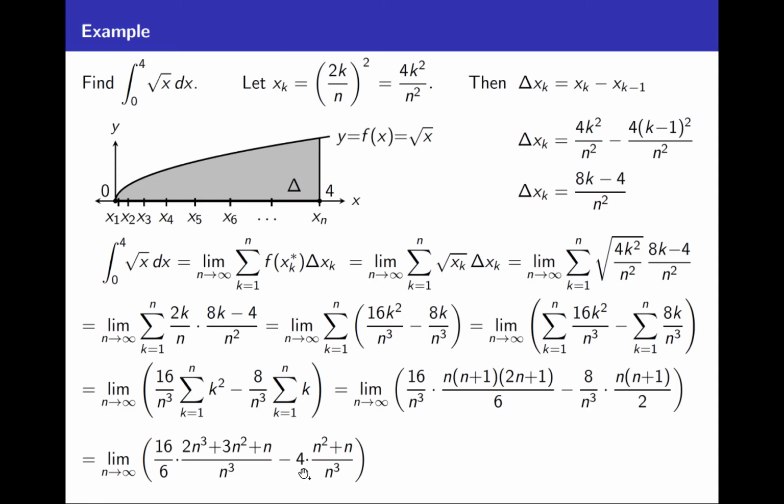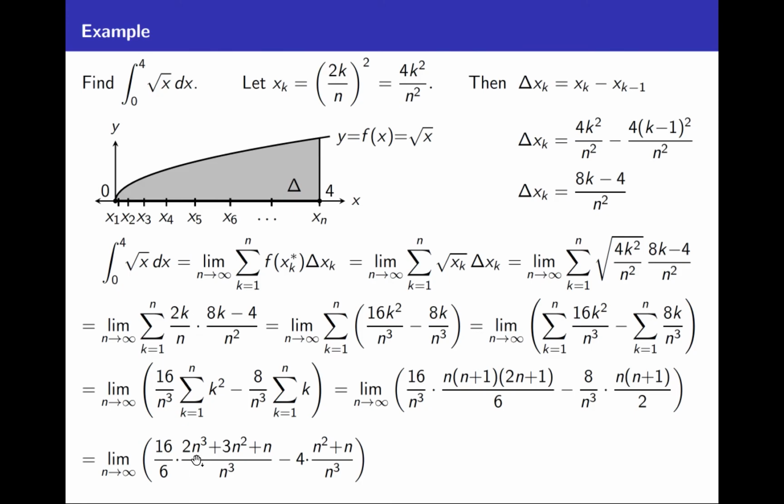So that's minus 4 times this expression over n cubed, and multiply the n times n plus 1 together, and you get an n squared plus n here, divided by n cubed. All right, take a look at this limit. The limit as n goes to infinity of this rational function minus this one.